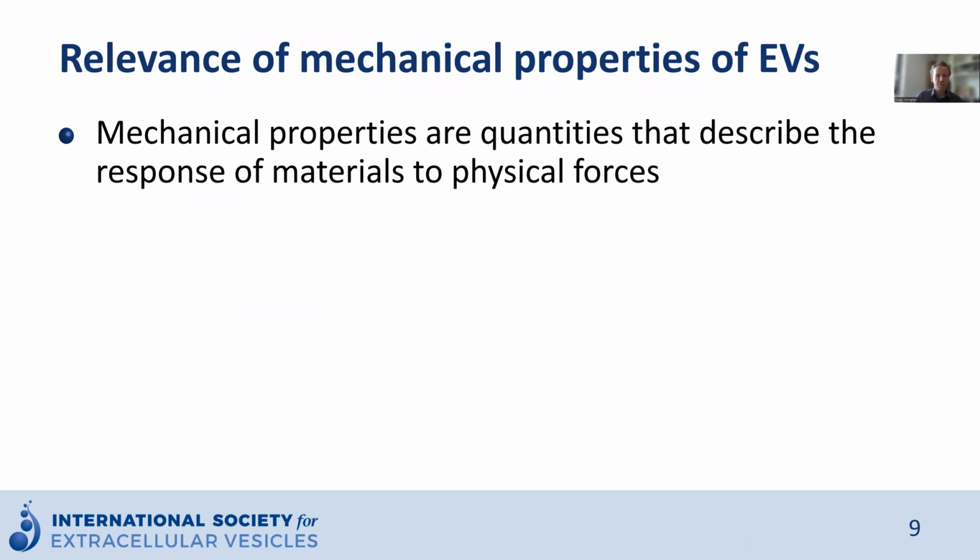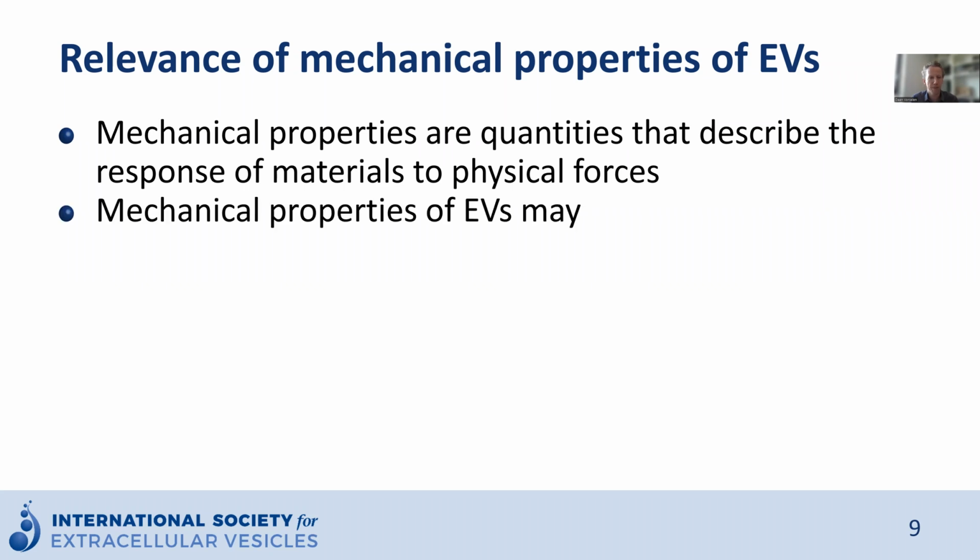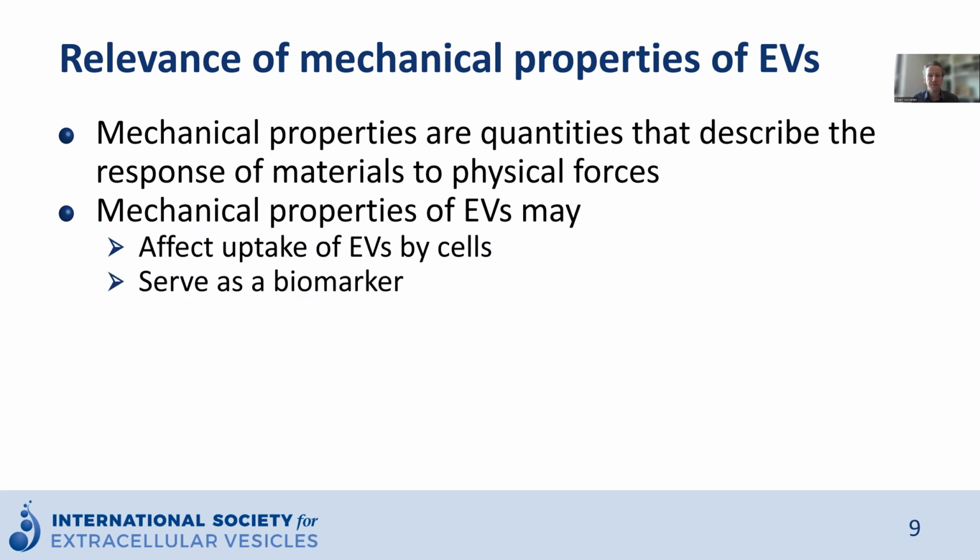So the second property that AFMs can measure are the mechanical properties, such as stiffness and other elastic properties of vesicles. Since these parameters may perhaps be less familiar to you than size or biochemical properties, I briefly want to go into their biological relevance. So the mechanical rigidity of EVs may, for example, affect the uptake by cells.